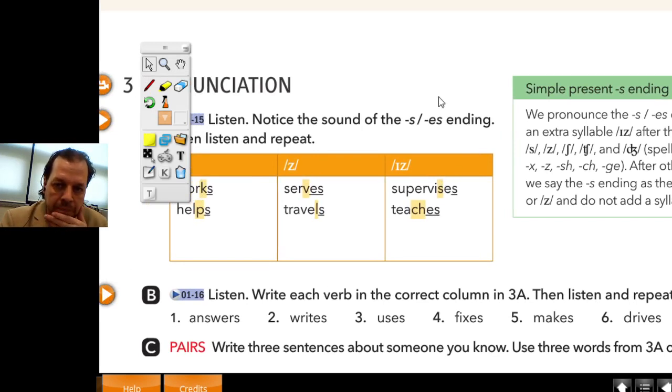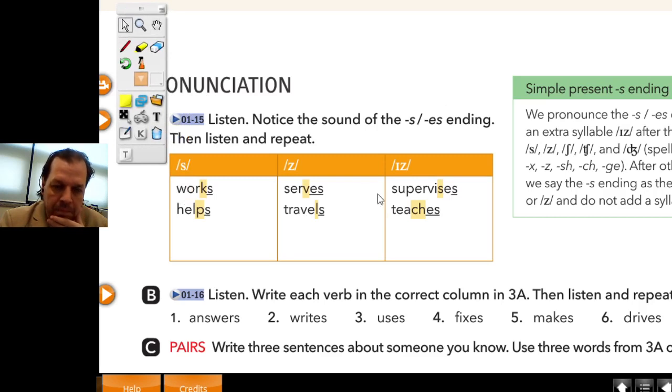Listen. 1, Answers. 2, Writes. 3, Uses. 4, Fixes. 5, Makes. 6, Drives.